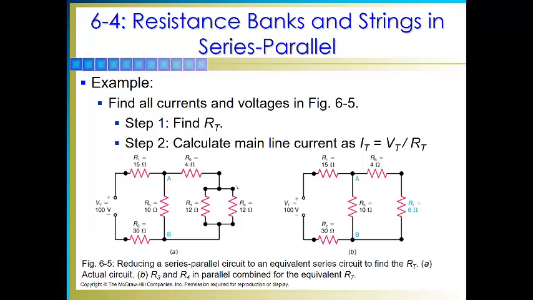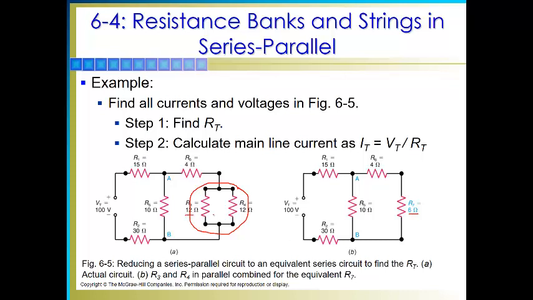So if we take this portion right here and we apply the knowledge that we already have about how to find the equivalent resistance of two resistors in parallel, in this case it's R3 parallel with R4, we will multiply R3 times R4 and then divide by R3 plus R4, and we will get a single equivalent resistor of 6 ohms.